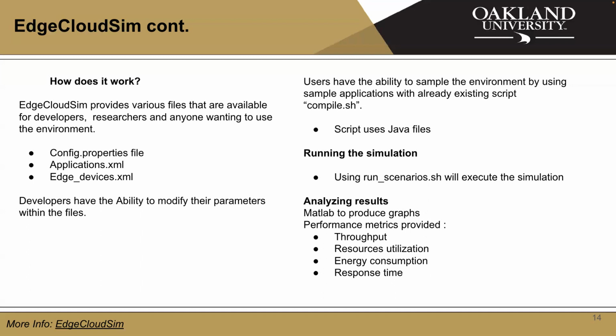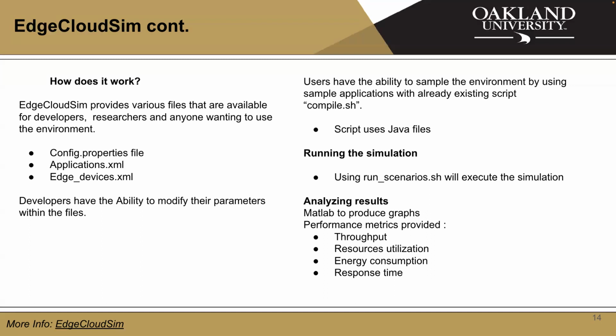The script uses Java files and is compatible with both Mac OS and Linux machines. To run the simulation, it uses run_scenarios.sh, which will execute the simulation, gathering all the information provided in the files, and the iterations can be compressed into an output file, which ultimately can be used with MATLAB to construct graphs, which we'll be seeing in a few slides.